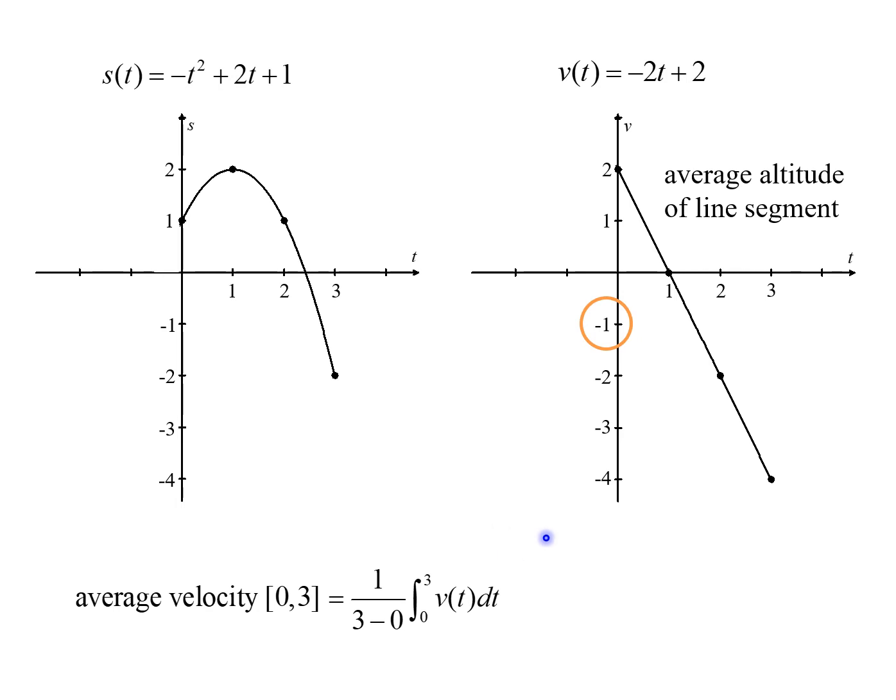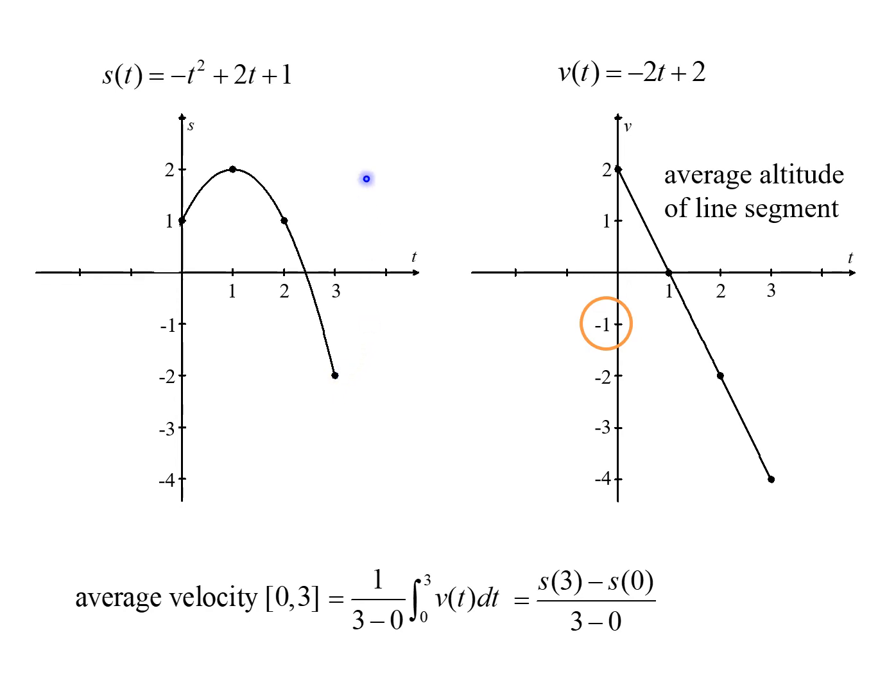So the average velocity, I said, was the displacement over the time, and we're looking at this part of the parabola from 0 to 3. And this actually looks like rise over run of the points 0, 1, and 3, -2.